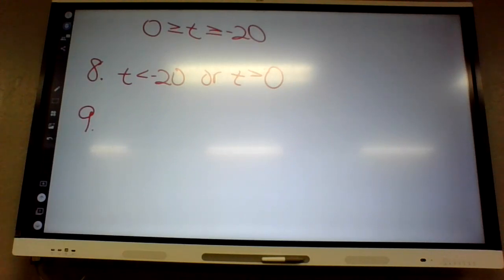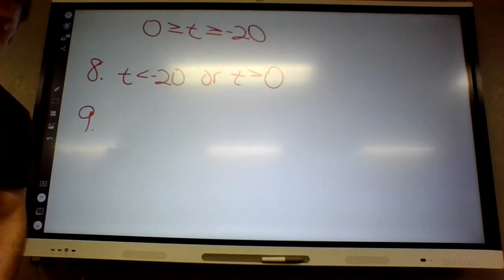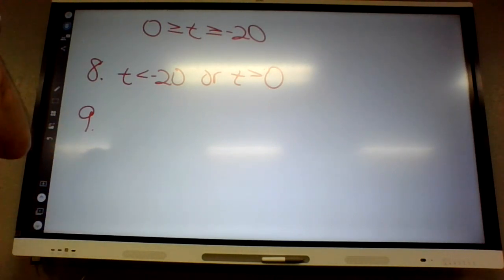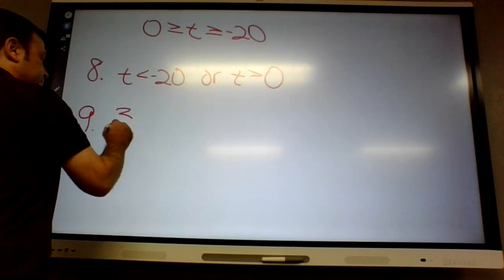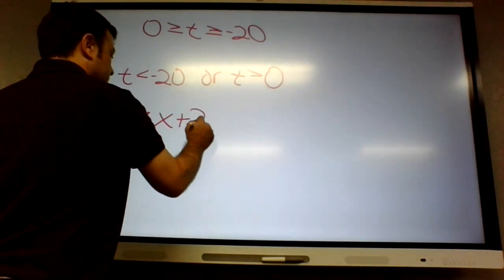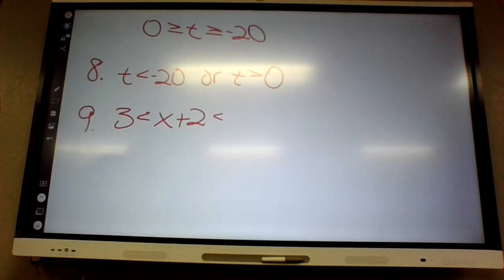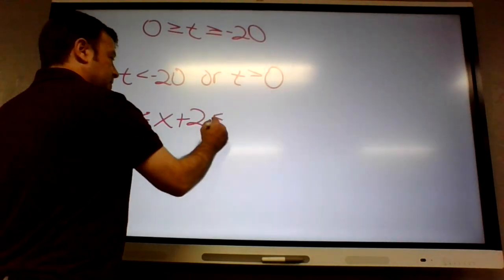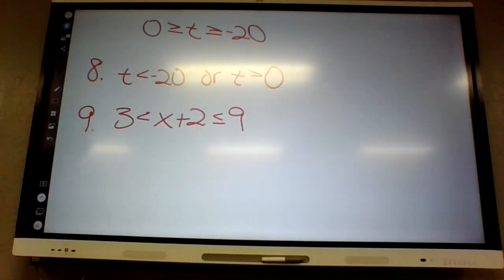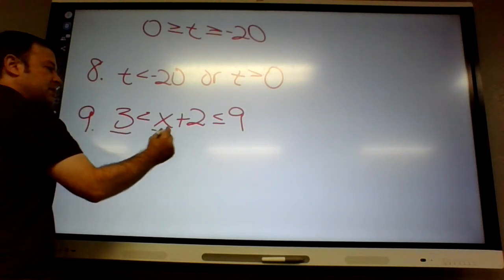Okay. Number 9. Now we're doing a little bit of solving inequality stuff. When you have a combined inequality like this, where there's kind of 3 parts to it. You guys see it? It's like this, less than that.